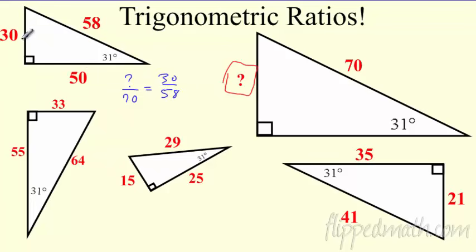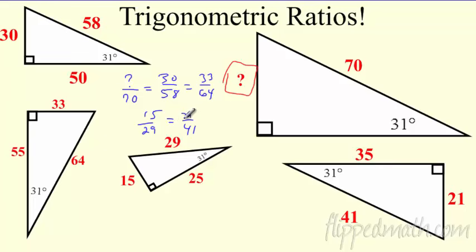This idea that 30 is to 58 in this triangle is the same thing as what? In this triangle, 33 is to 64. This ratio is always the same. And it's the same thing in this triangle as 15 is to 29, and then 21 is to 41.